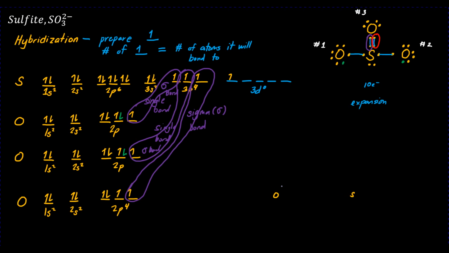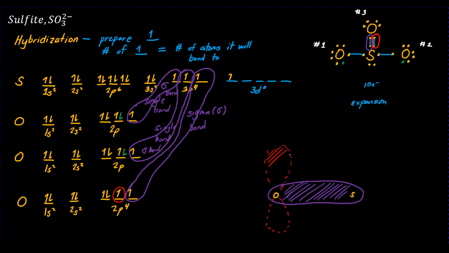Since the region along the axis of these two atoms is already occupied, for the second bond, let's say this half-filled orbital here on oxygen is half-filled.